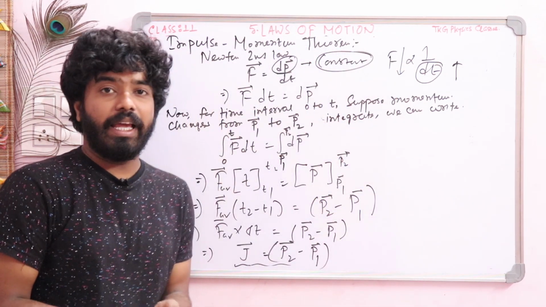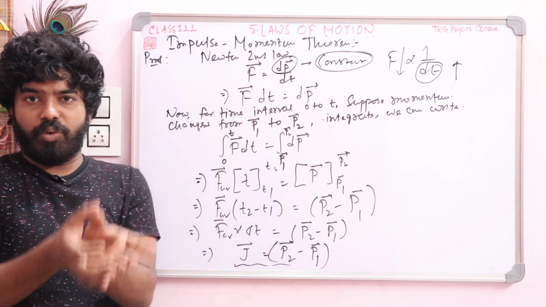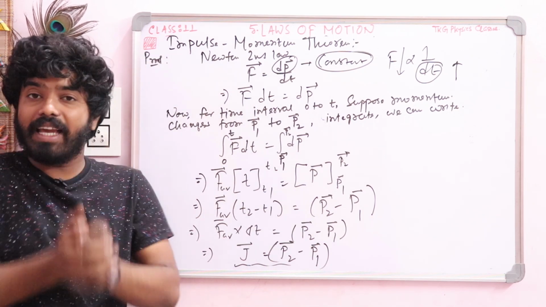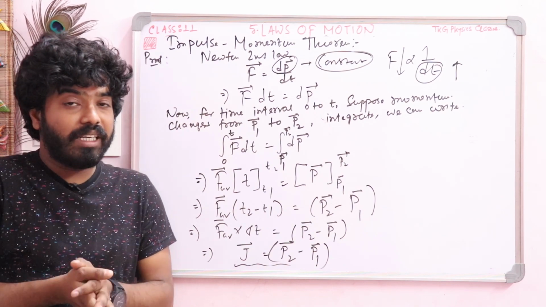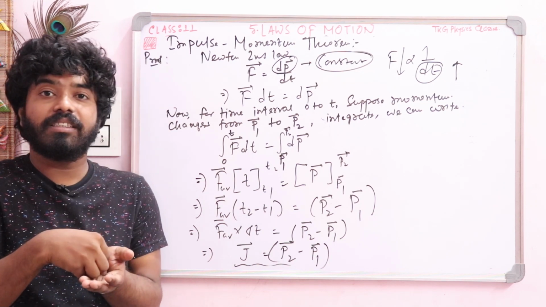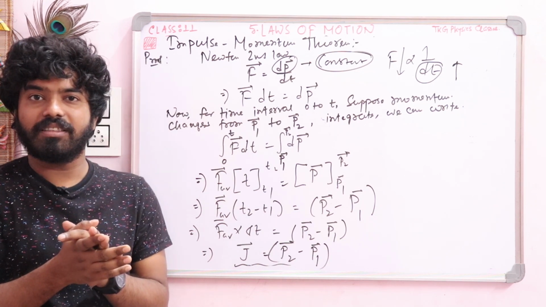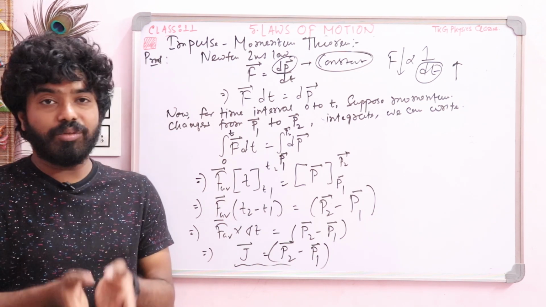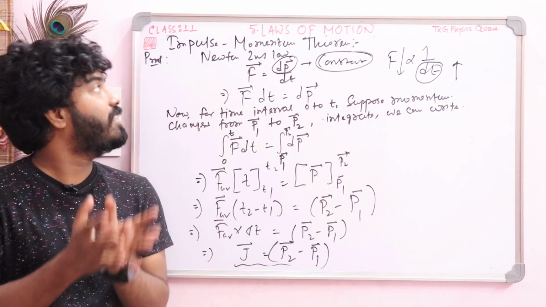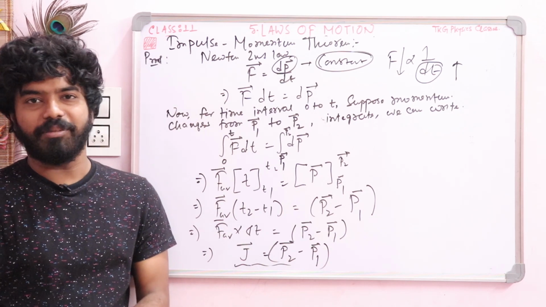When you apply it like this way, your time interval increases for taking a catch. When the time interval increases, the force imparted by the ball on your hand decreases. So that's why we use this method, not like this way. So this is the application of the impulse momentum theorem.